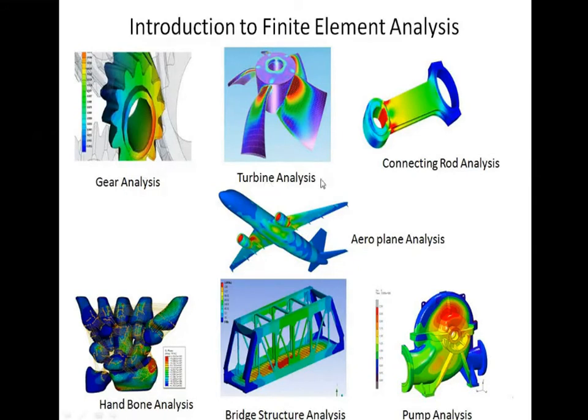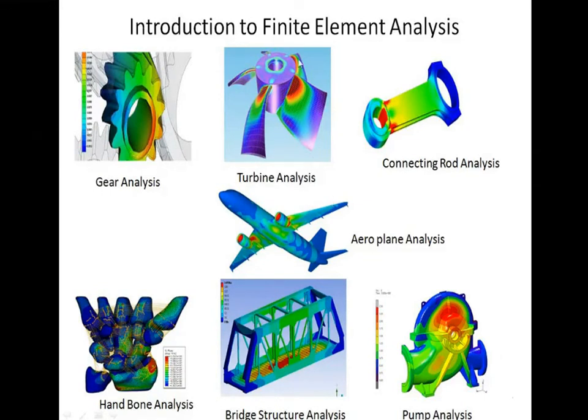Then the second example is turbine analysis. A turbine is used for power generation in different kinds of power plants: gas power plant, thermal power plant, or water power plant. So it goes under critical loadings. In that case, how the turbine will sustain the load can be predicted by finite element analysis.